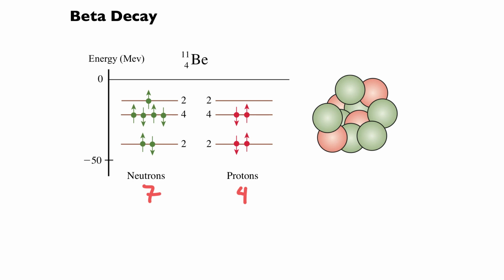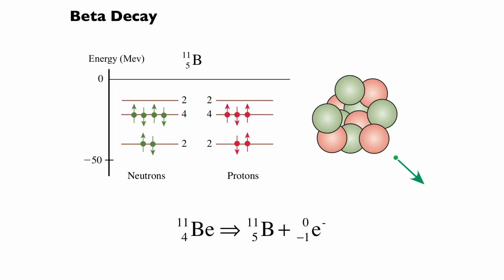The neutrons fill it like that, and the protons fill it like this. Now, if this neutron could suddenly change into a proton, there's room for it in a lower energy state. So if you could switch a neutron into a proton, it could drop into a lower energy state, and this nucleus could go into a lower energy and therefore more stable state. And it turns out it will do that.